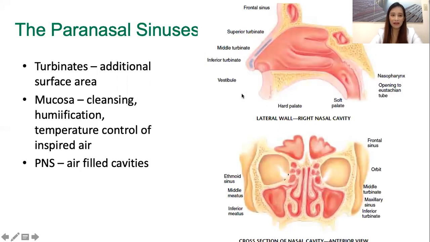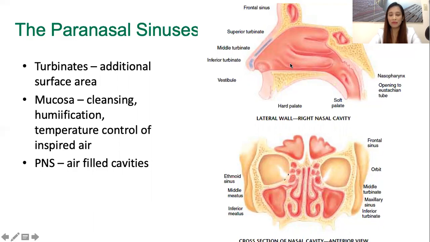And then next, we go to your paranasal sinuses. Before we go to your paranasal sinuses, inside of your nose, you will be able to observe the lower portion of the turbinates. But when you cut your head into half, you will be able to appreciate the three turbinates: superior, middle, and inferior turbinate.